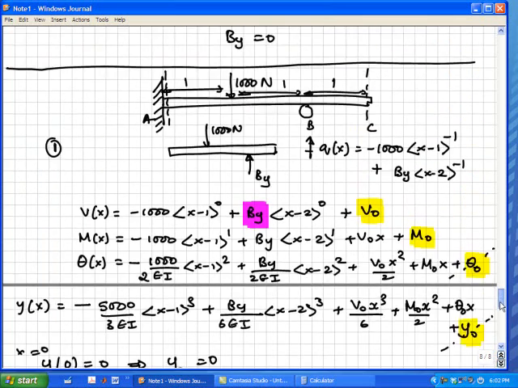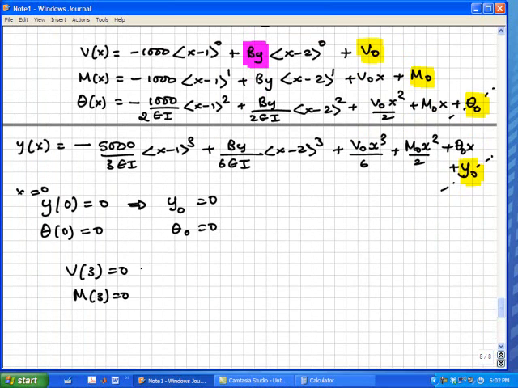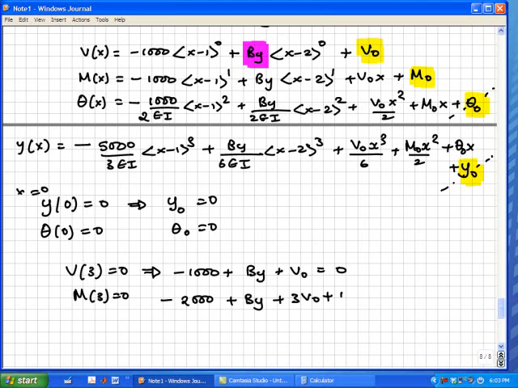So if I do that, this means that if I put 3 there, I'll get minus 1000 plus Vy plus V0 equal to 0, minus 2000 plus Vy plus 3V0 plus M0 equal to 0. Those are the two conditions I will get.